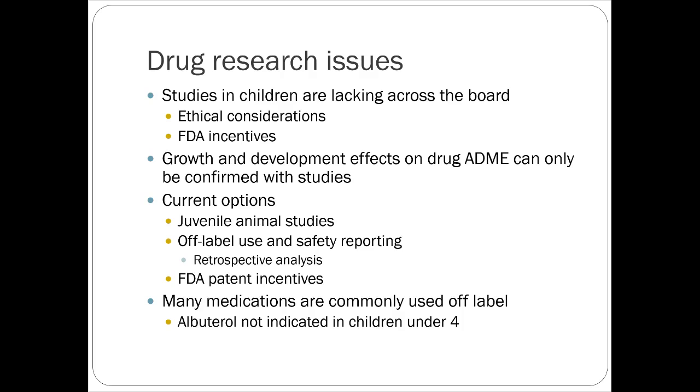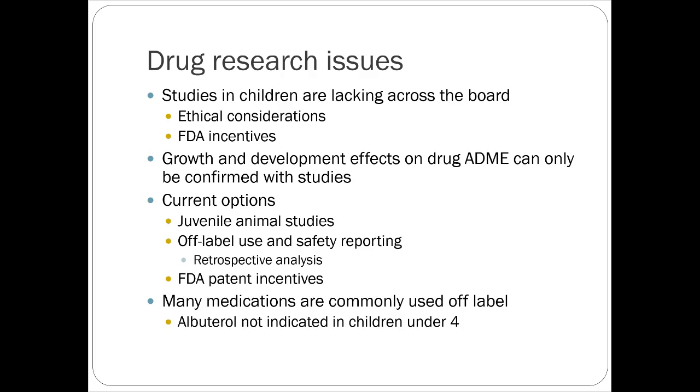Sometimes they do look at juvenile animal studies, so studies in developing dogs or monkeys or what have you, rabbits, rats, and they'll show you that they've at least proven safe and maybe somewhat effective for whatever they're trying to do. But again, that's not going to translate to human medicine all that well in all cases. And then there's, again, off-label use, safety reporting, and other things like that.